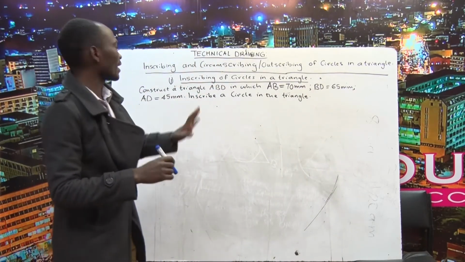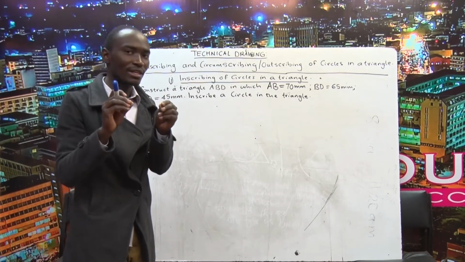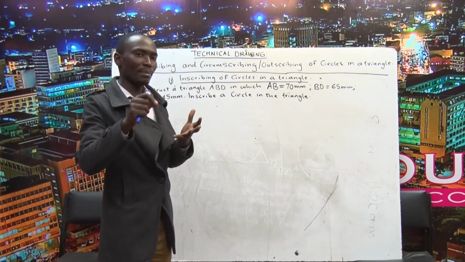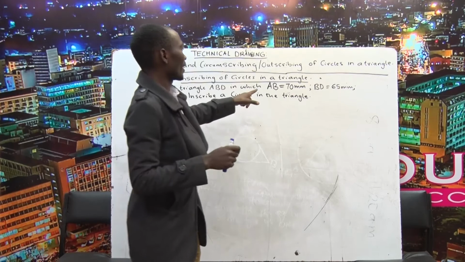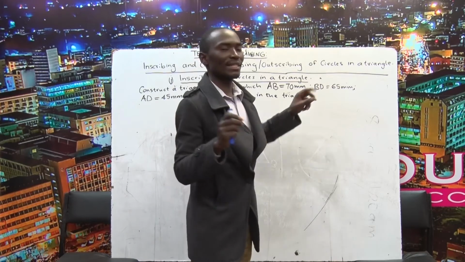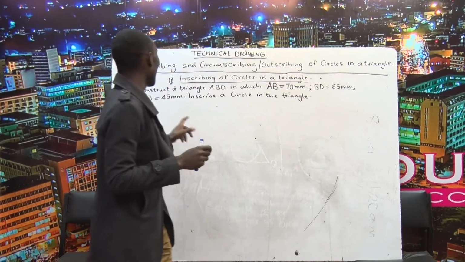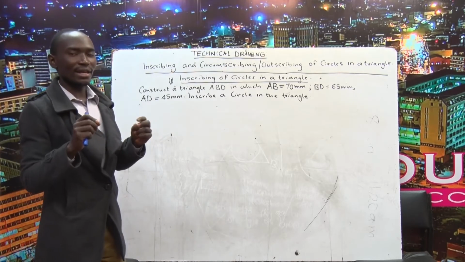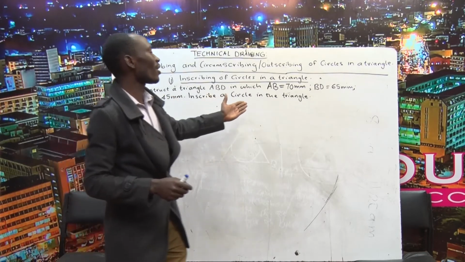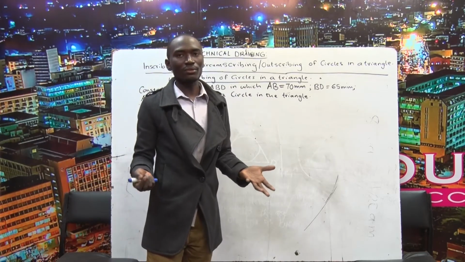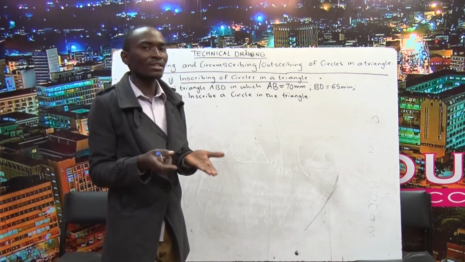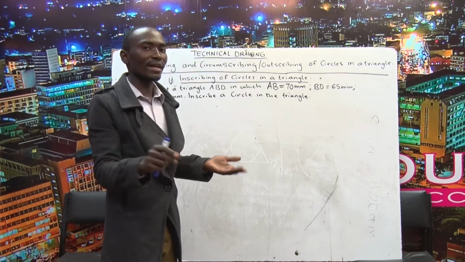Assume you have been given a question: construct a triangle ABD such that AB is 70 millimeters, BD is 65 millimeters, and AD is 45 millimeters. Inscribe a circle in the triangle. You've been taught to construct the triangle, then inscribe a circle in it.